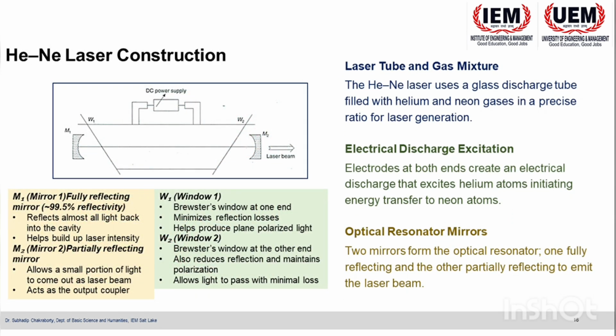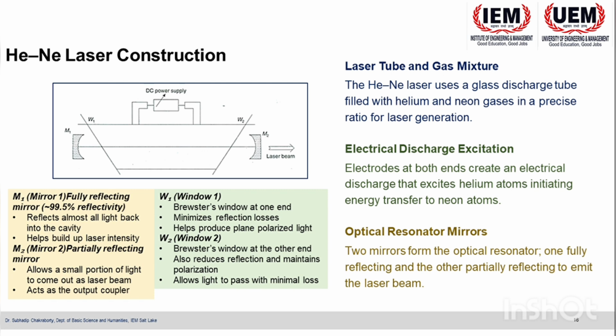The construction of the HeNe laser consists of a long glass discharge tube filled with helium and neon gases in a suitable ratio. Electrodes are connected at both ends of the tube to produce electrical discharge. Two mirrors are placed at the ends of the tube forming an optical resonator.